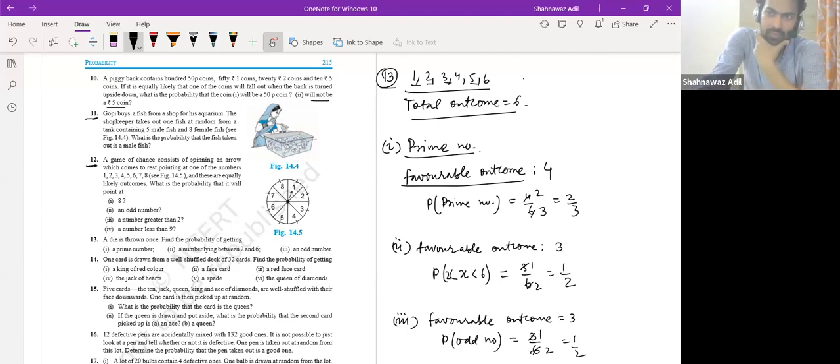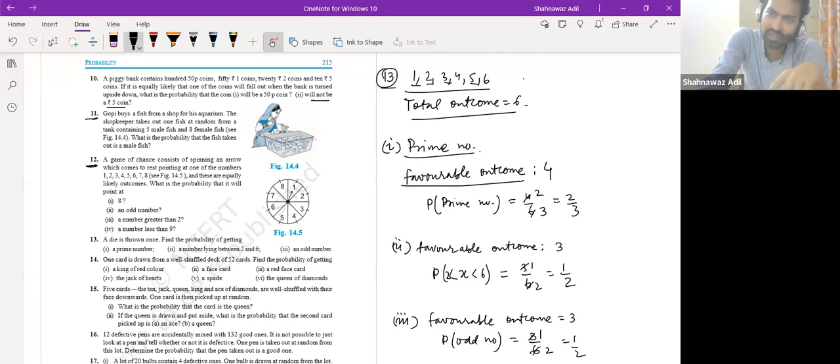I have a doubt, sir. Yeah, which one? In prime numbers, you wrote 4 there. 1 is not a prime number. A prime number is only divisible by 1 and itself.